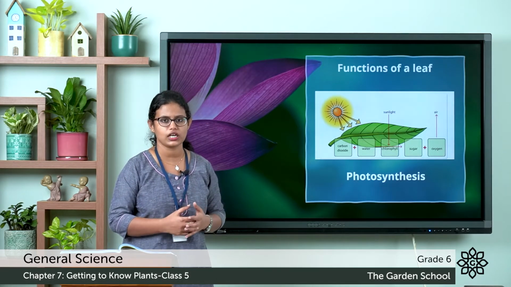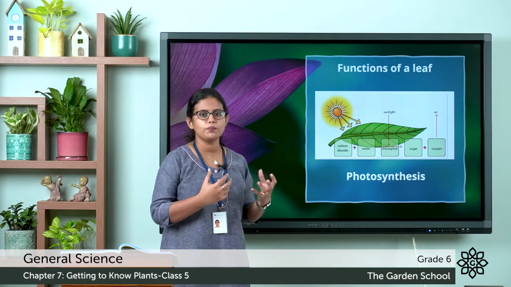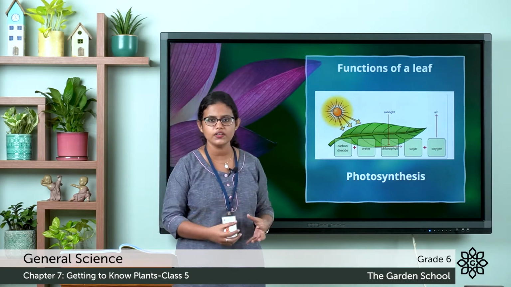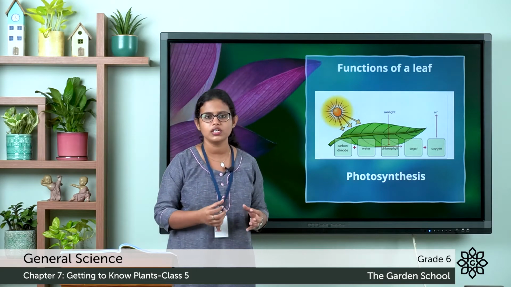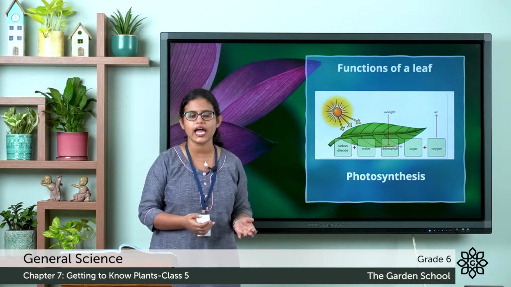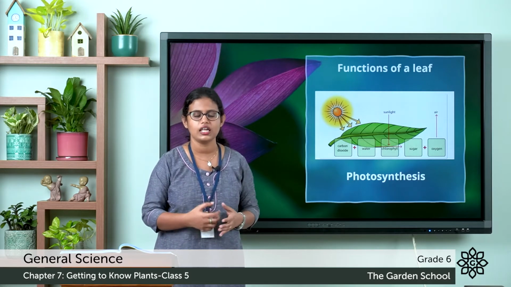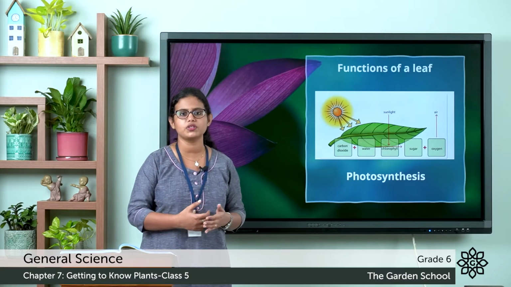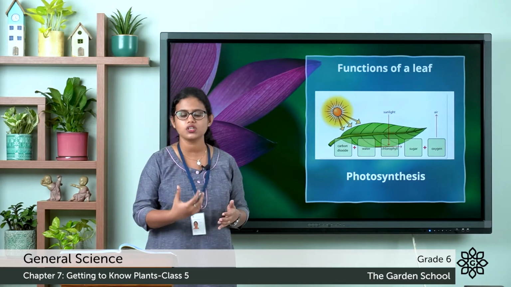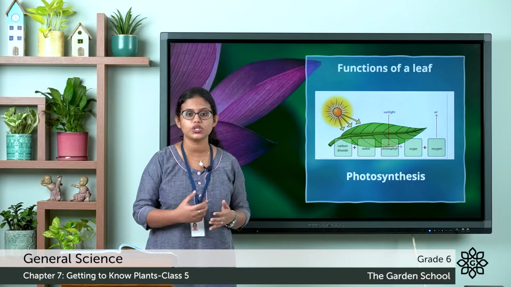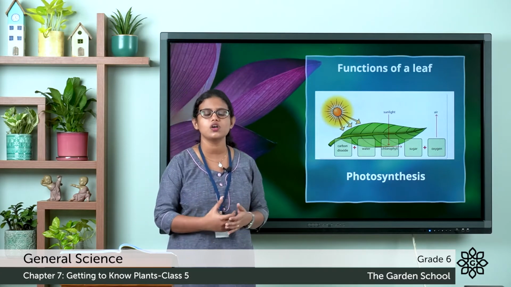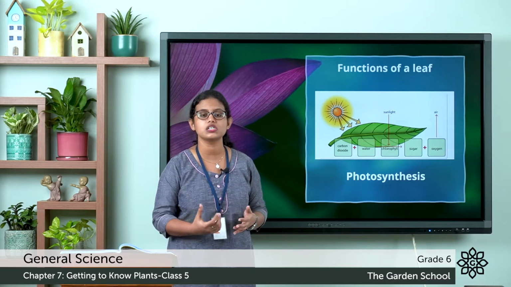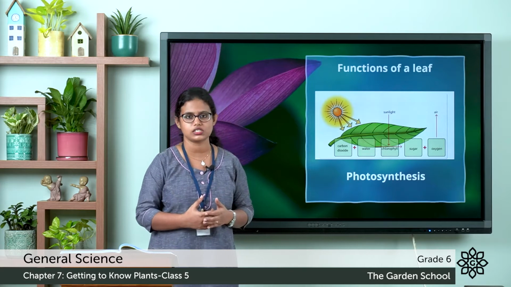So the most important function of a leaf is to prepare food, and that process we call as photosynthesis. The plant uses sunlight, water and carbon dioxide to produce food in the form of sugar, and that process, what do we call? That process is known as photosynthesis.